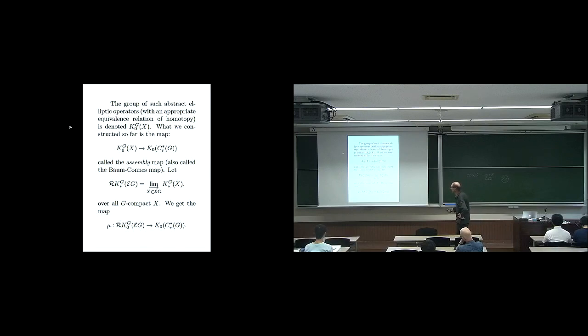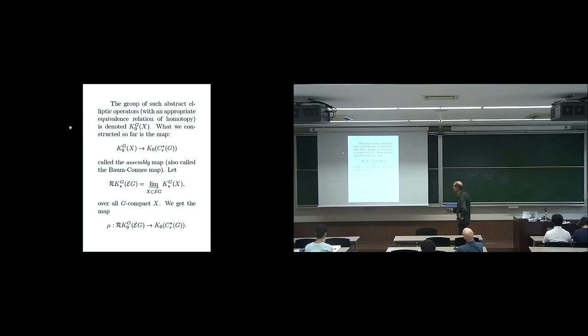Now, what is called the Baum-Connes map or assembly map is this map from abstract elliptic operators, G-invariant elliptic operators, to K-theory of the group C*-algebra. You can take the limit of these abstract groups over all X with G-compact X and get this group.